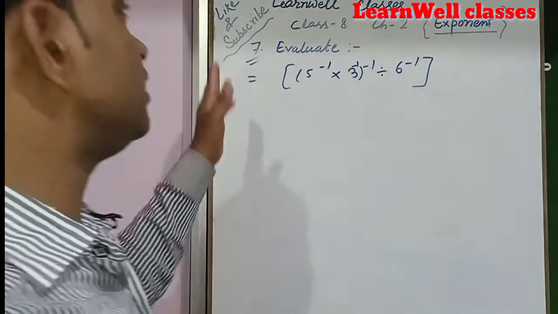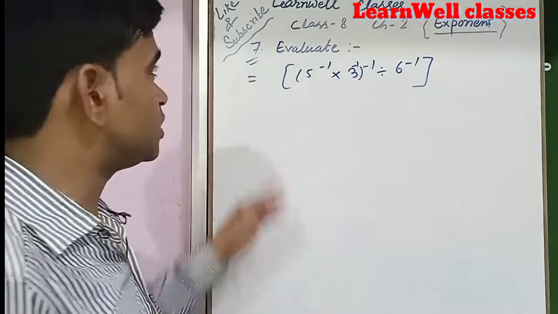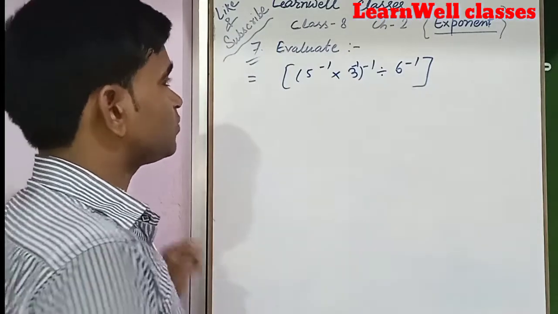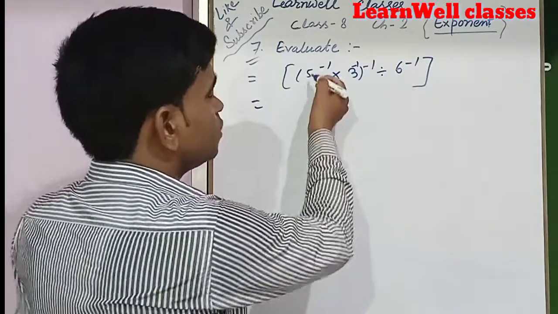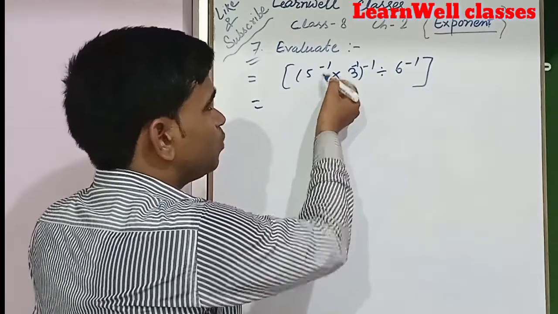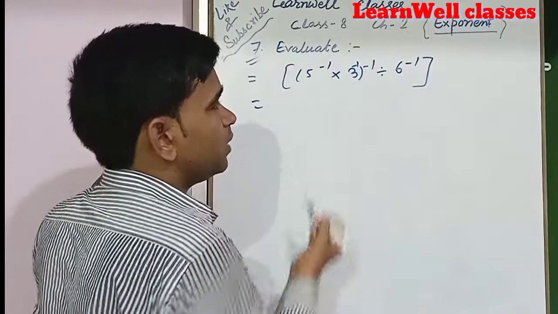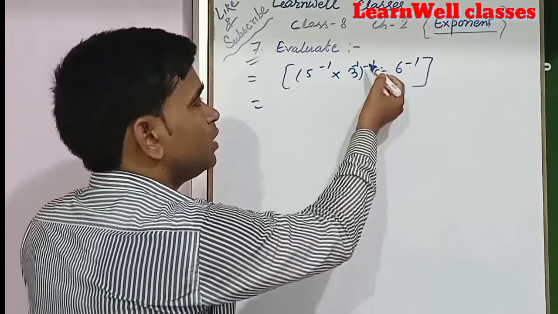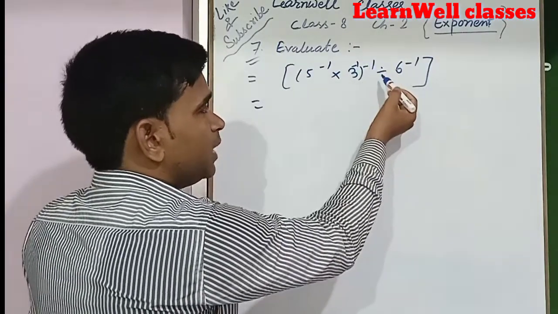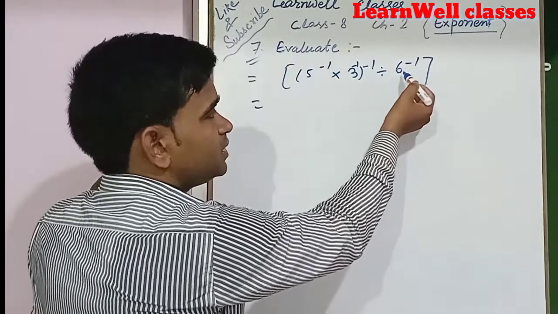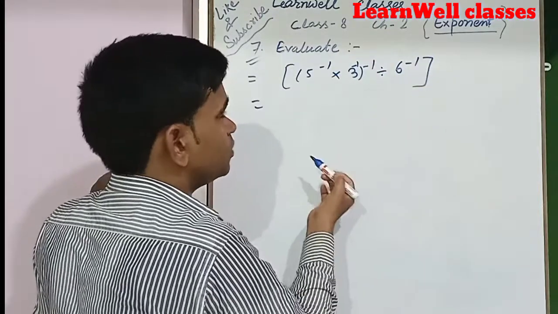We find the solution of question number 7. Evaluate: 5 upon 5 raised to the power minus 1 into 3 raised to the power minus 1, and whole raised to the power minus 1, divided by 6 raised to the power minus 1.